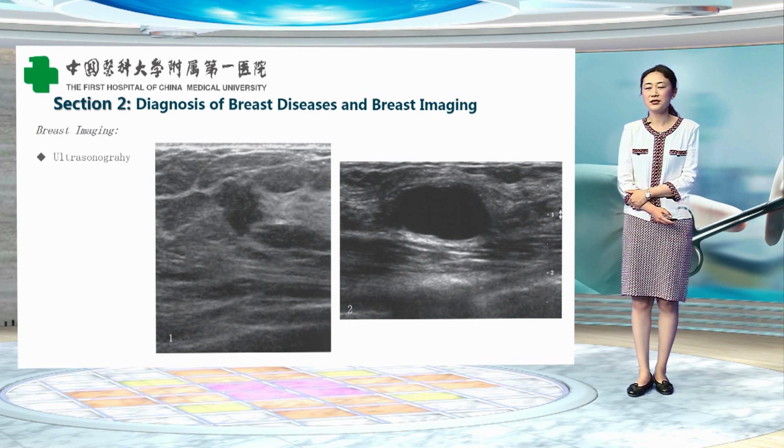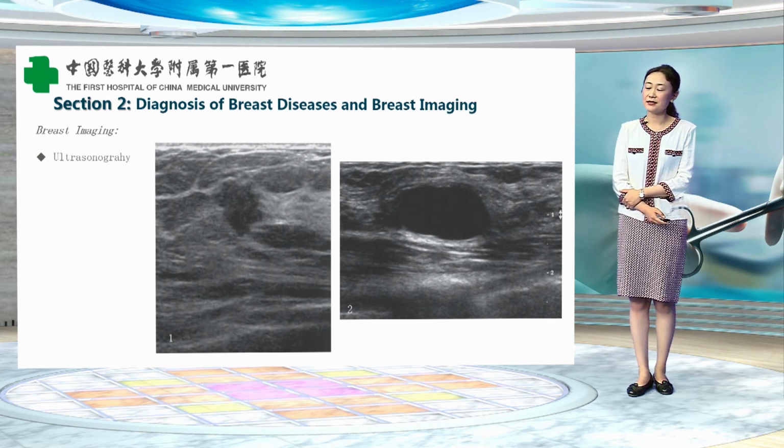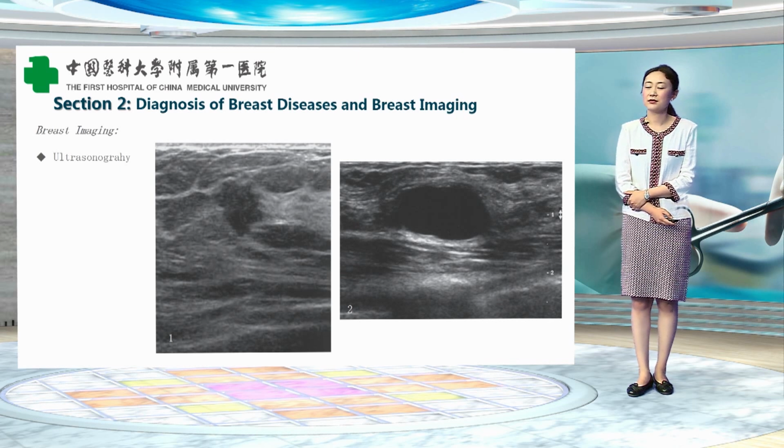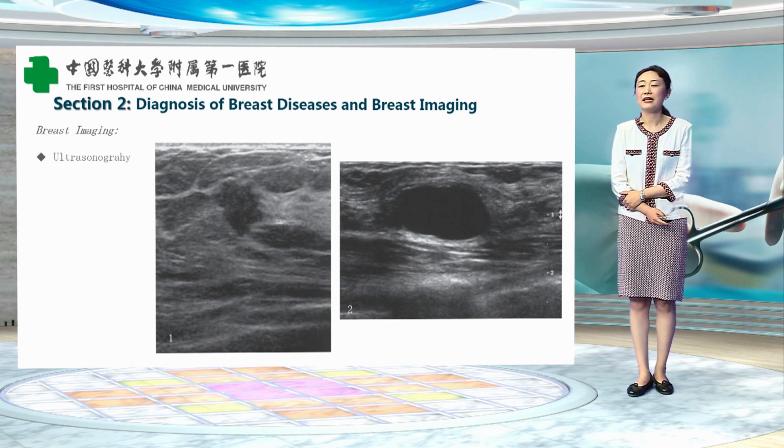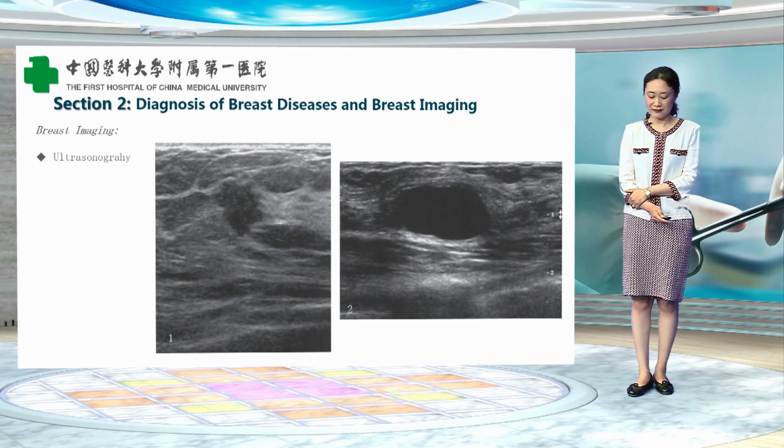There is a paucity of internal echoes, and there is increased through transmission of sound, with enhanced posterior echoes. While in China, women have smaller but more dense breasts, so ultrasonography is an equal and essential examination.